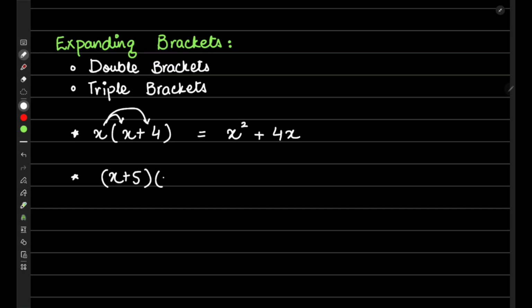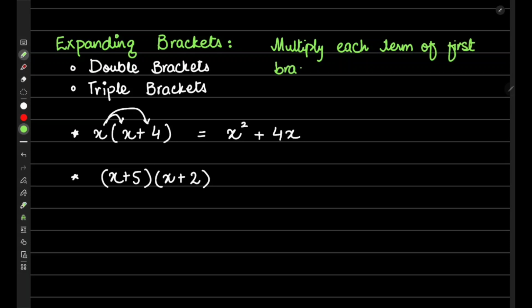x plus 2. So in a double bracket or a triple bracket, what you have to do is multiply each term of first bracket with each term of the second bracket. This is the one rule that we are going to follow. Multiply each term of first bracket with each term of second bracket. It doesn't matter how many terms you have in the first bracket or second bracket.